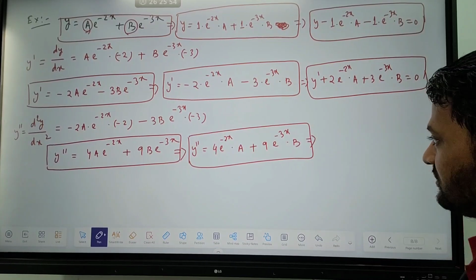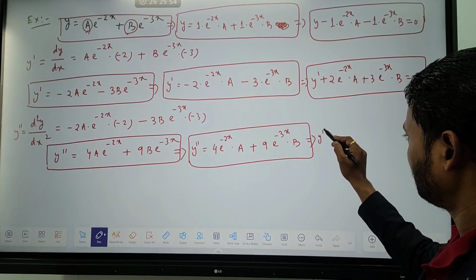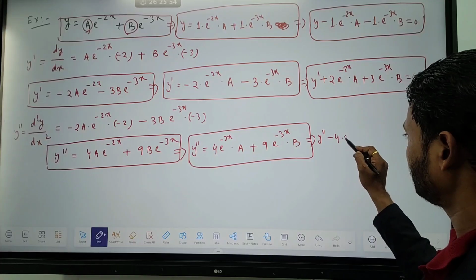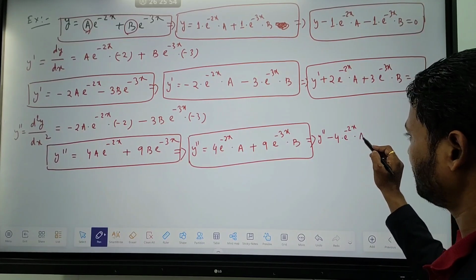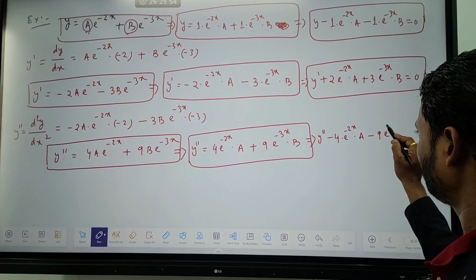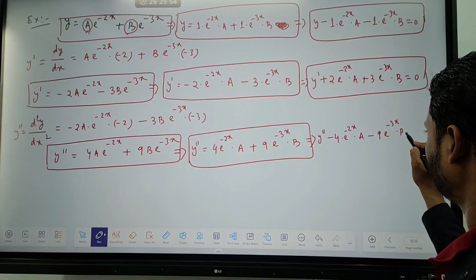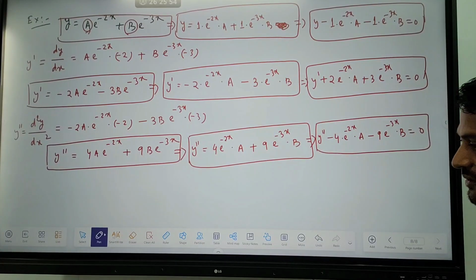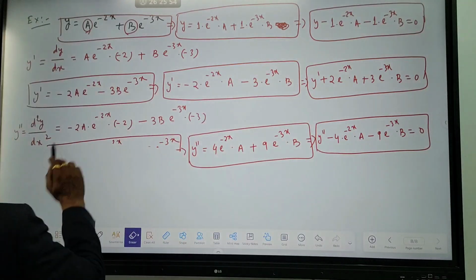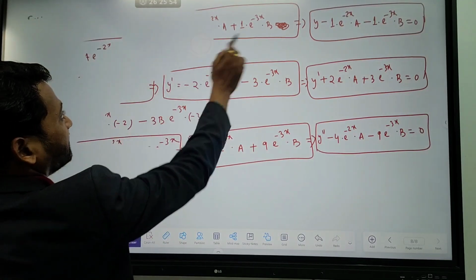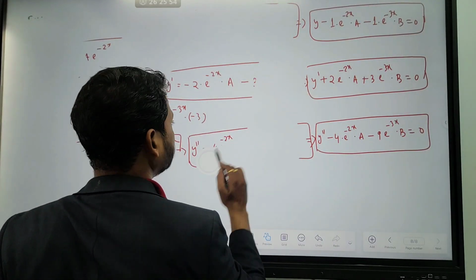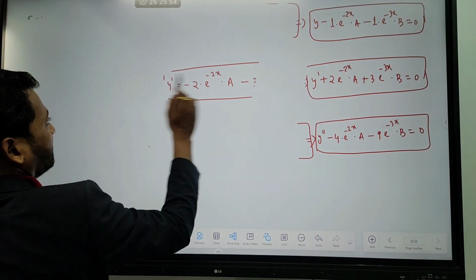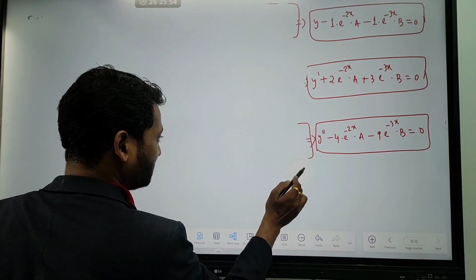Similarly, from the third equation I can write y double dash minus 4 e to the power minus 2x into a minus 9 e to the power minus 3x into b equal to 0. Now we'll find the answer by using the determinant method. Check properly, you know how to make the table.